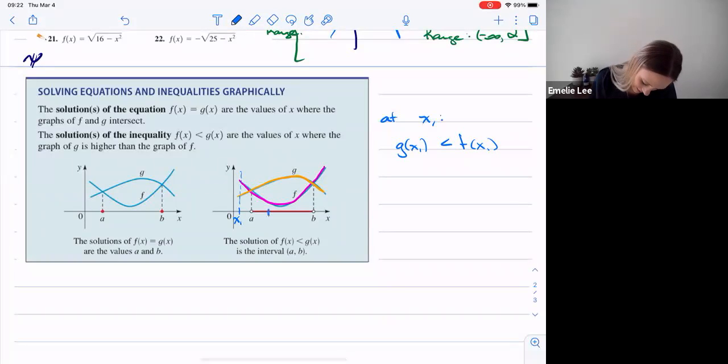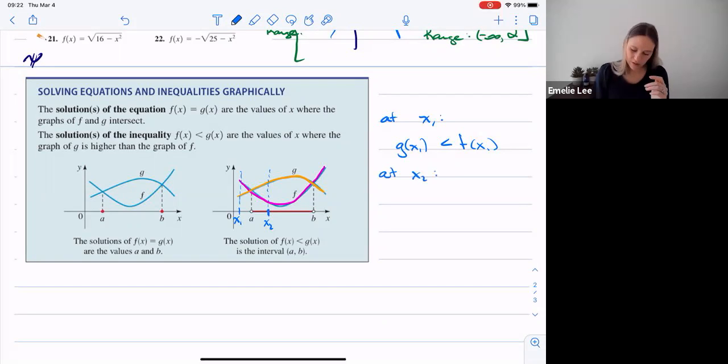Whereas let's make this X2. So then I want you to just look at one value of X and say, okay, at X2, now it looks like F of X2 is less than G of X2, right?